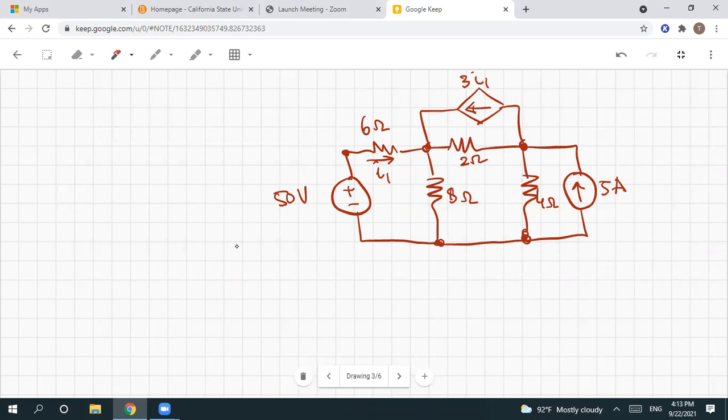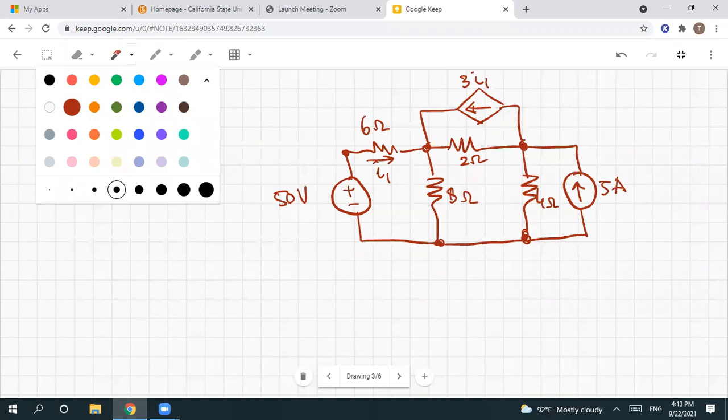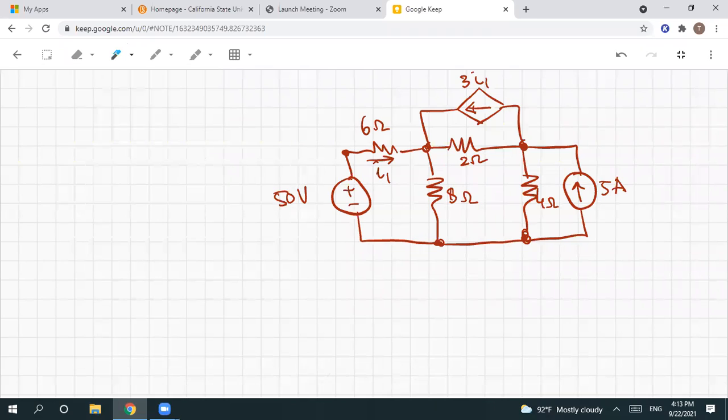How many essential nodes in this circuit? 3. So this will be one essential node, and this is another essential node, and the lower node is an essential node. So this is not essential because we have only 2 elements connected to this node.